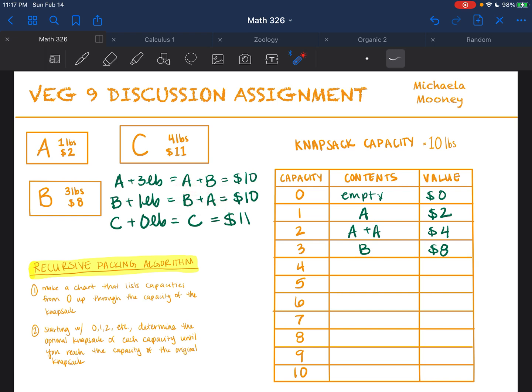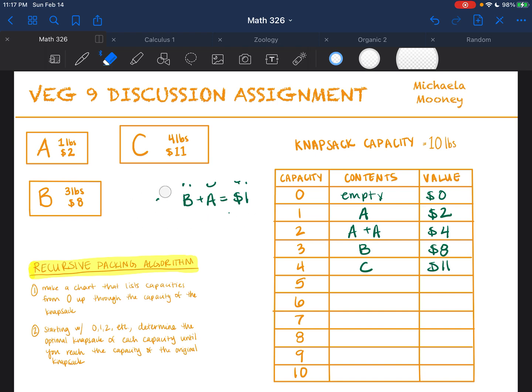So if either of these were the highest, we could have picked either one because they're the same thing. But our highest value is C, and that is worth $11. And now we can move on to our next capacity, which is capacity 5.